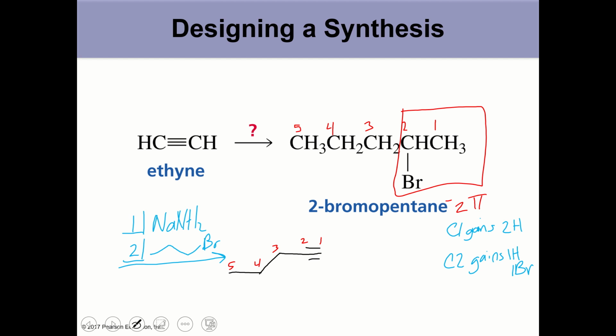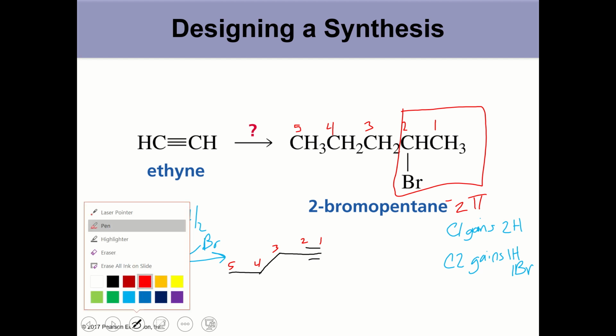And now I want to take my 5-carbon alkyne, add 1 bond to hydrogen and 1 bond to bromine, and then take the other pi bond and add bonds to hydrogen to each carbon.